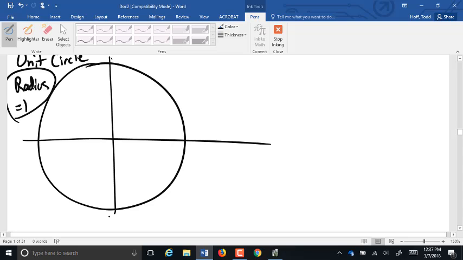We're going to place our circle on a coordinate grid. And we're going to have the positive x direction, this direction right here, is going to be our 0 degree direction. That radius that I just traced there in blue is what's called the initial side.